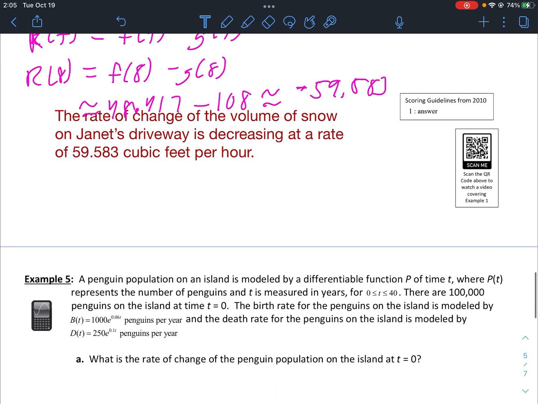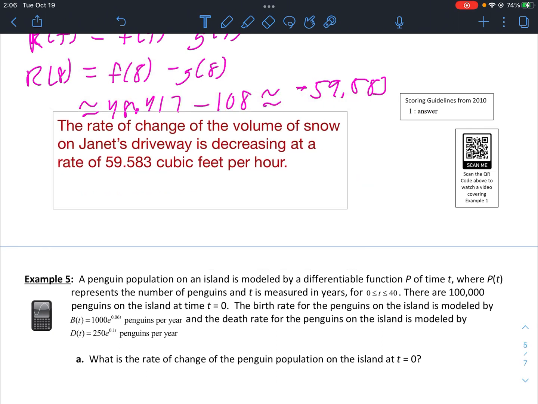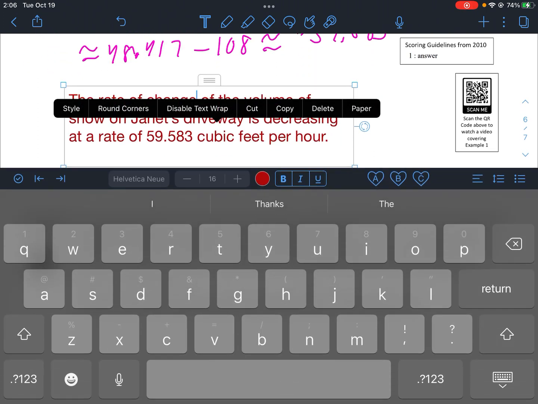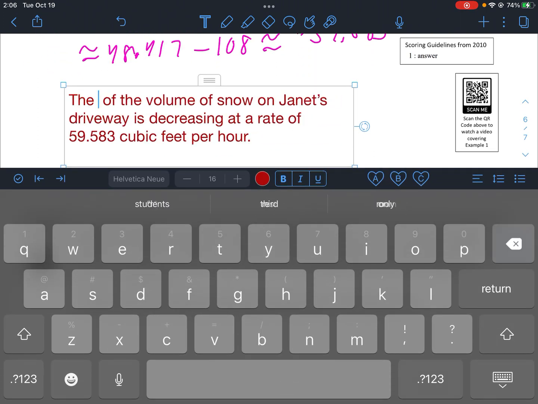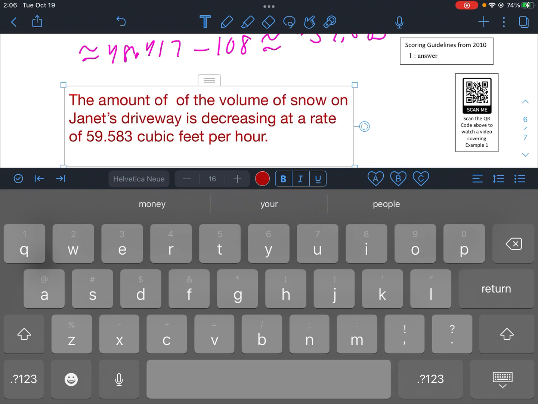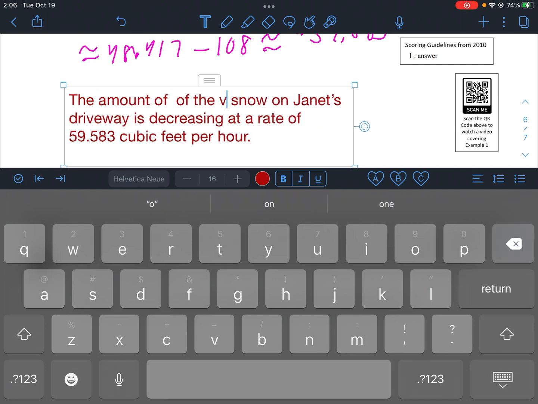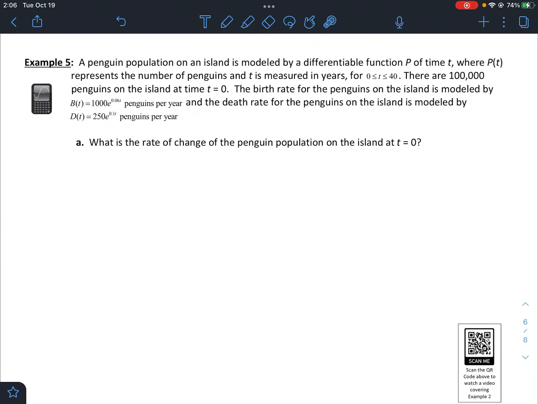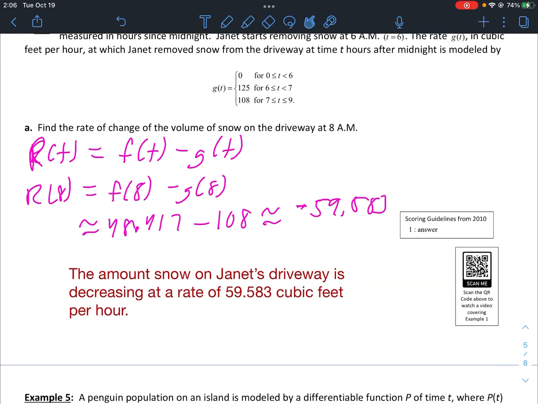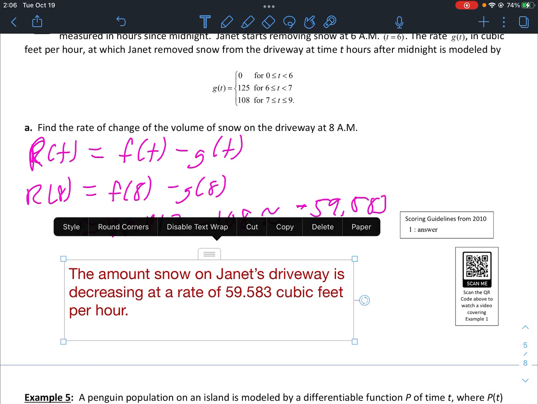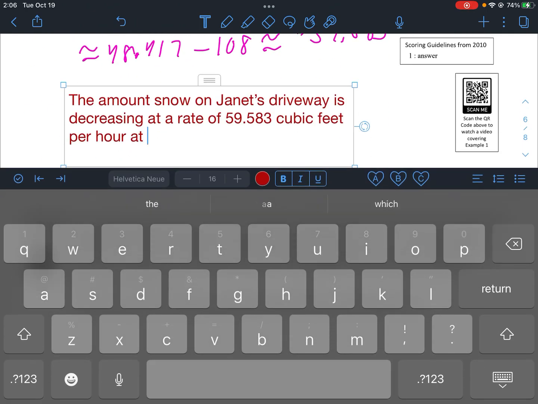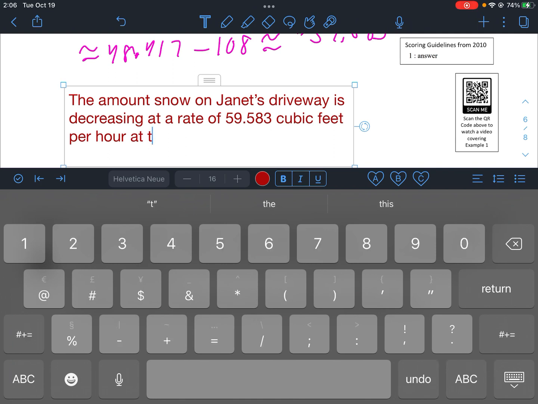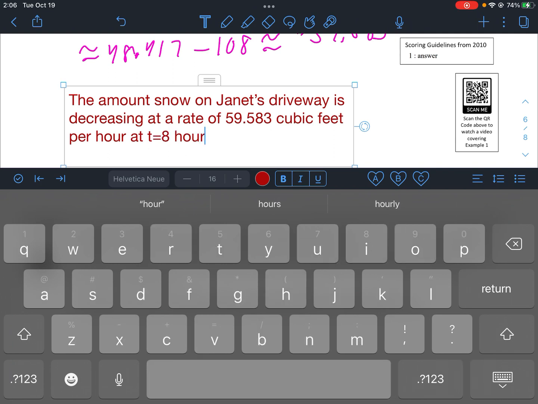Actually, I'm going to change a little bit of what I wrote there. I'm going to change this first couple words here. I'm going to say the amount of snow on Janet's driveway. We're not actually doing the rate of change changing. It's the amount of snow that's changing. So the amount of snow on Janet's driveway is decreasing at a rate of 59.583 cubic feet per hour. And we still got to finish that up. When is that happening? At t equals 8 hours.